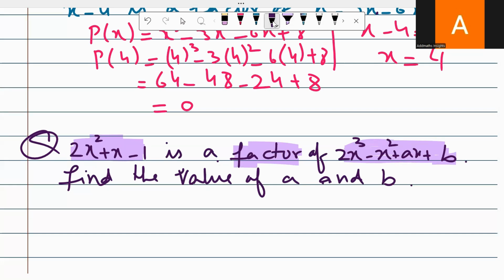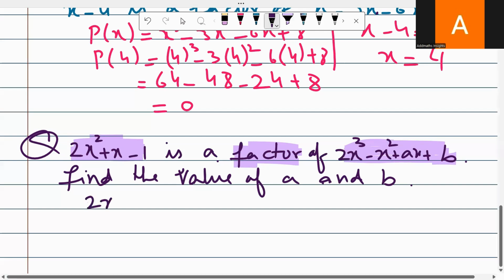You will write here 2x square plus x minus 1 is equal to, you can make factors, 2x square plus 2x minus x minus 1, and 2x is common.